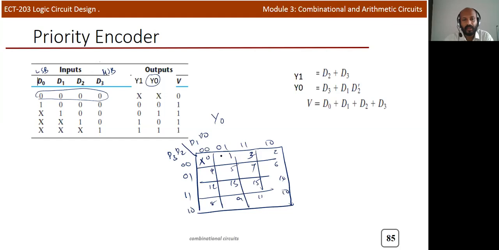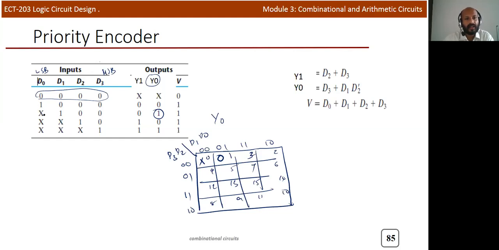So here it will be 0, and the next possibility we can think about is 0 0 1 x. 0 0 1 x means it can be either 0 or 1.